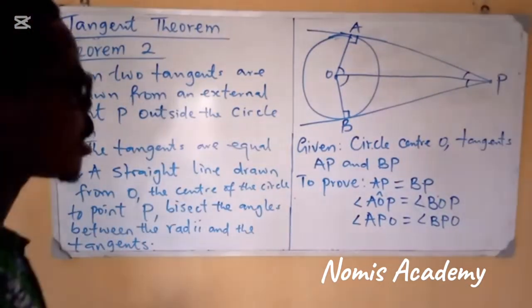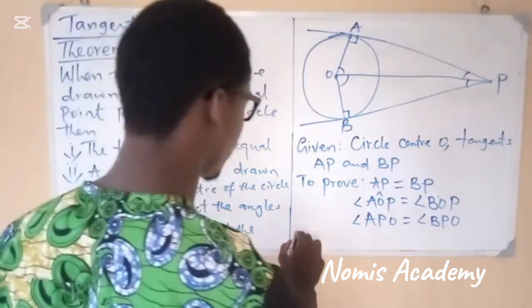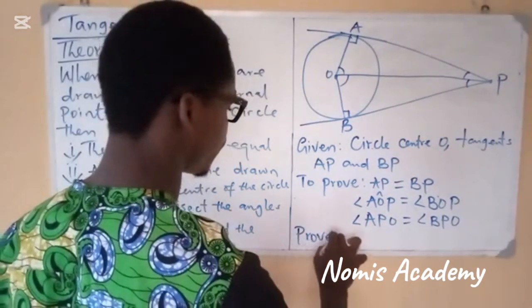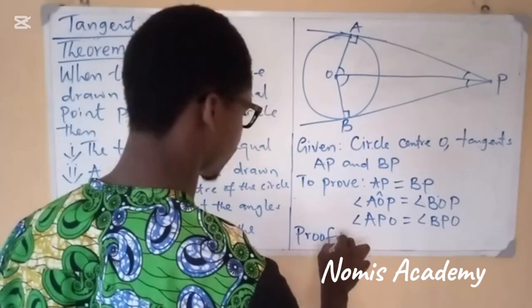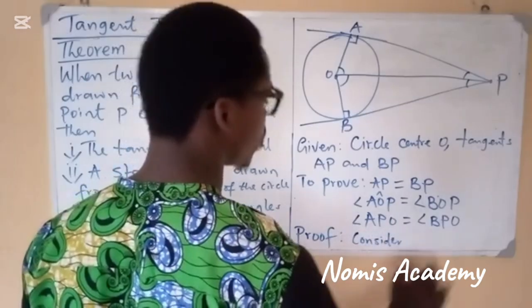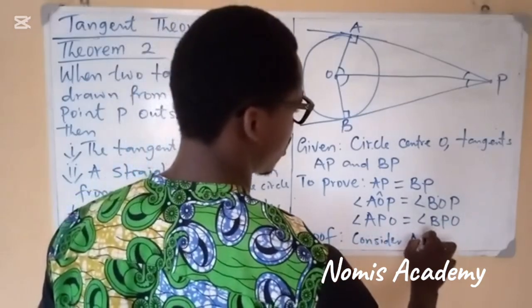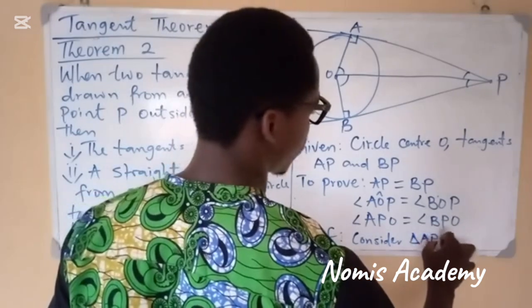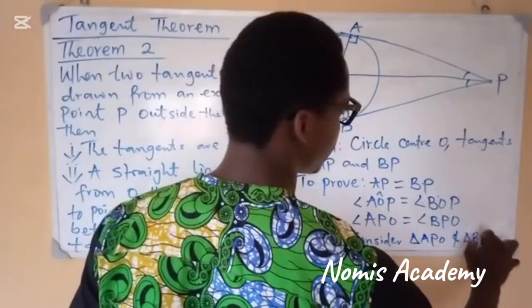And then let's start with the proof. Now consider triangle APO and triangle BPO.